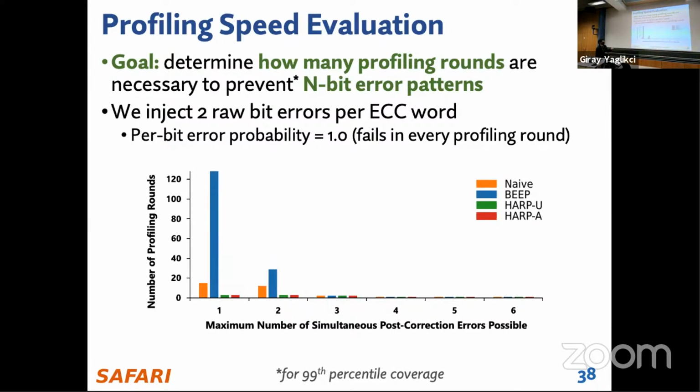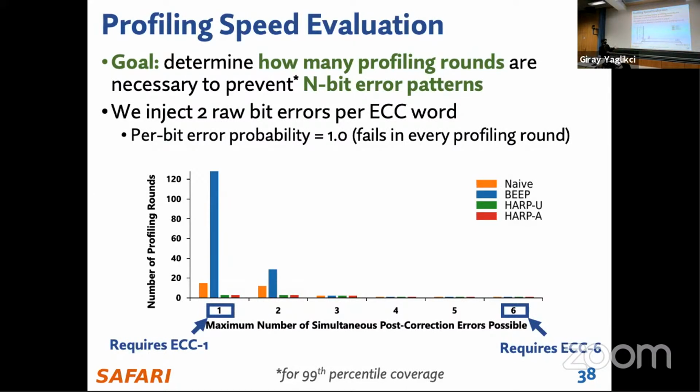What this means, for example, is that if we have an x-axis category of 1, this requires a single error correcting code to protect against all remaining errors after this many profiling rounds have elapsed, right? We're ignoring the distinction between direct and indirect errors. This is just any possible pattern that can occur. And on the other end of the spectrum, x-axis category of 6 means that it requires a 6 error correcting code after this many rounds of profiling.